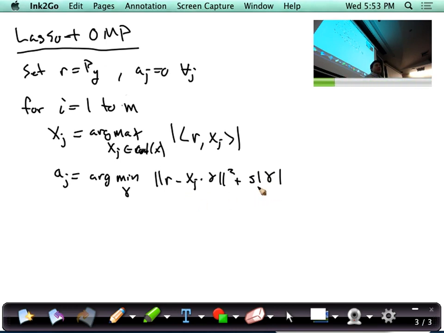I've added just the size of gamma here, so I want to penalize just this coordinate gamma. And this I can solve now, even though it looks like the same equation as before, because this is just a single value. This is in R1. And this actually turns out to be a convex equation, and you can solve it.